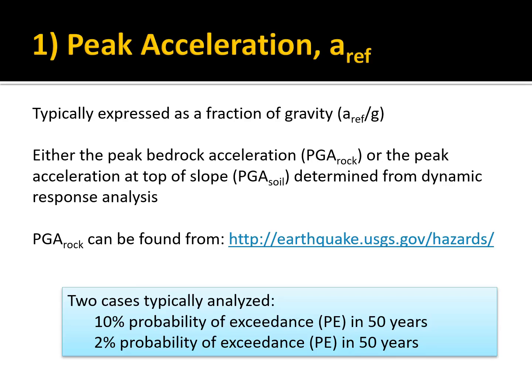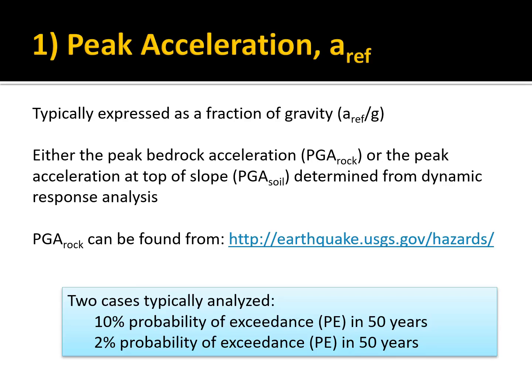First of all, we have to come up with a peak acceleration, which is typically expressed as some fraction of gravity, A ref over g. This is typically either the peak bedrock acceleration, PGA rock, or the peak acceleration at the top of the slope, which we call PGA soil, and is determined from a dynamic response analysis.